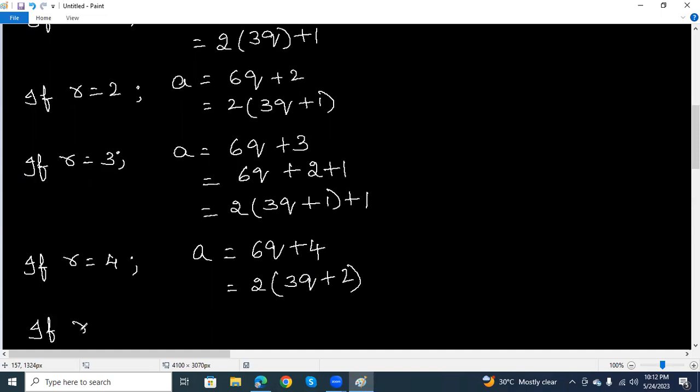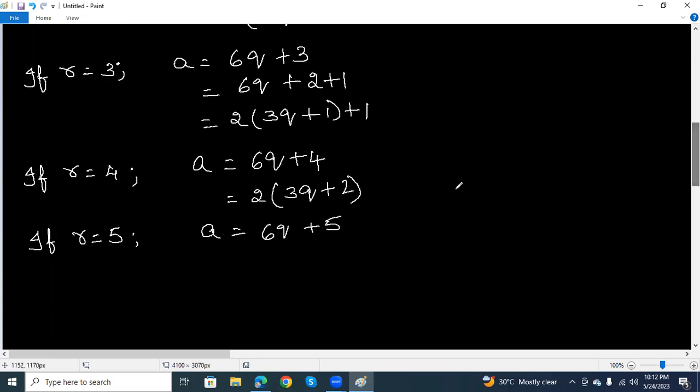If r is equal to 5, this is the last case, isn't it? 6q plus 5. Again, 2 is not divisible into 5, so we will split this as 6q plus 4 plus 1. 4 plus 1 is 5. Now we can take out 2 as common. 2 threes are 6, 2 plus 2 twos are 4, plus 1. Again, this is in the 2n plus 1 form.